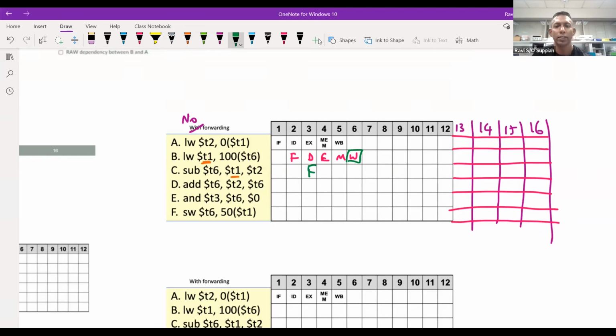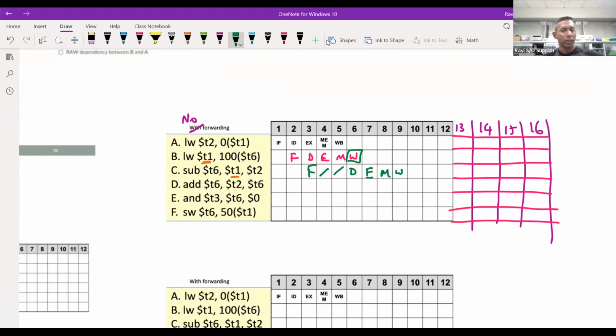Decode means I read from the register, right? But I cannot decode yet because the register file values have not been updated. So I need to stall. I stall for 2 cycles, then I decode, then execute, then memory and write back.